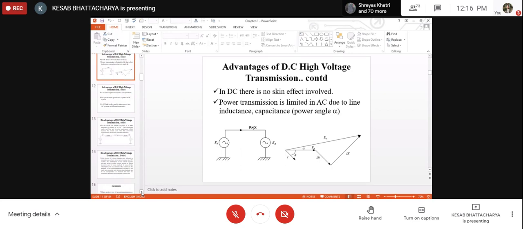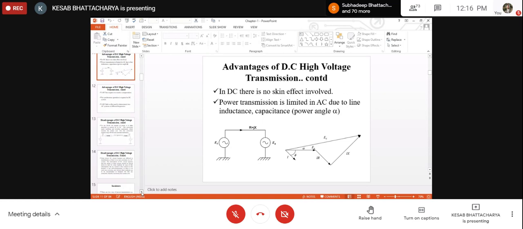Also in AC, you see there is a very simplified system. ES is the sending end generator, ER is the receiving end. In between, there is a line whose impedance is R plus jX.